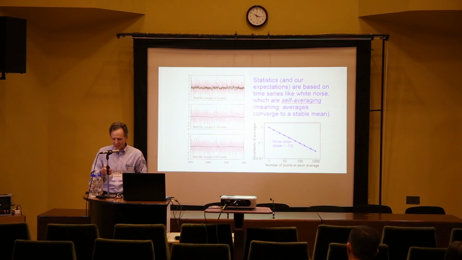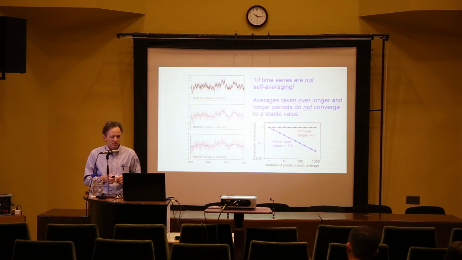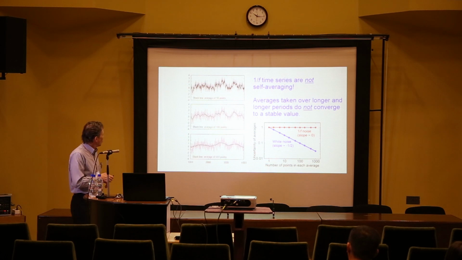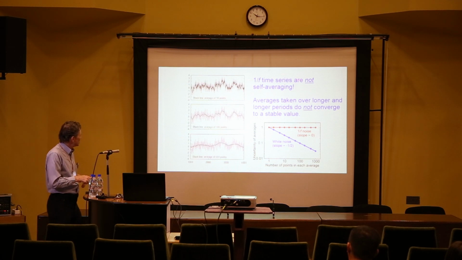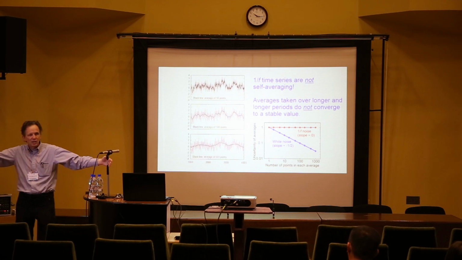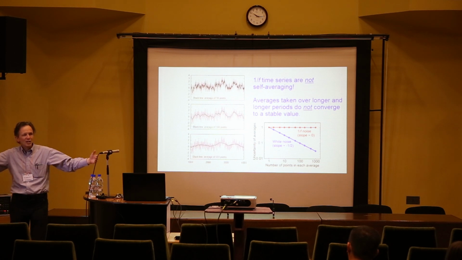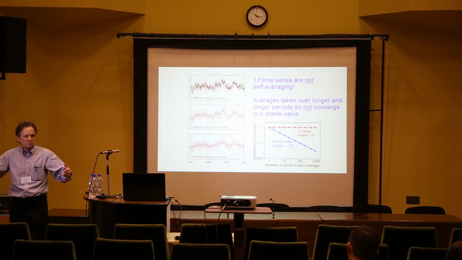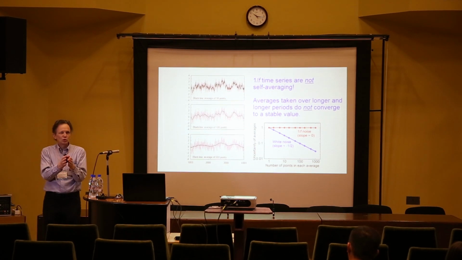But it turns out that not all time series do this. And in fact, one of the very interesting properties of these 1/f time series is that they are not self-averaging. If you have a time series that obeys this kind of scaling, and you take averages over longer and longer periods of time, those averages are equally variable as averages you take over short periods of time.